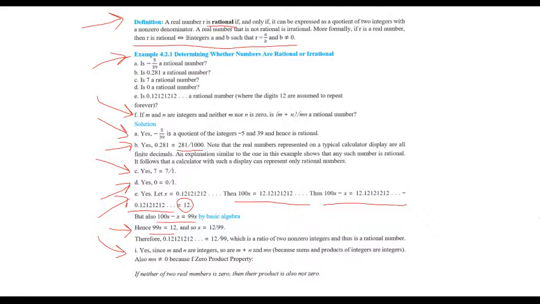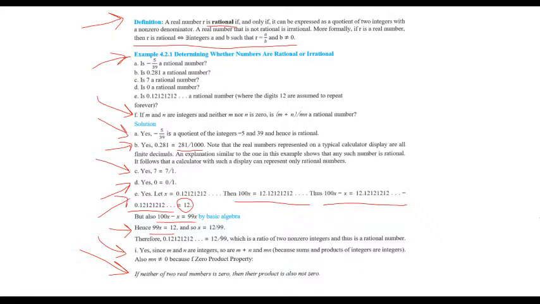Also, since neither m nor n is 0, m times n is not equal to 0 because of the zero product property that you see here. This is the zero product property. It says if neither of two real numbers is 0, then the product is also not 0.